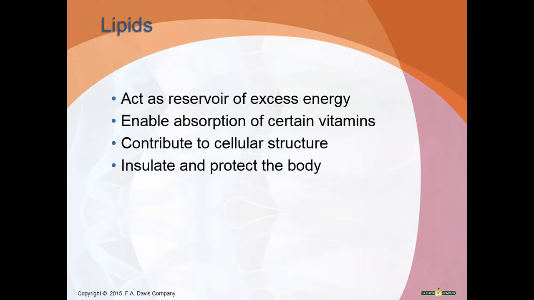Lipids act as a reservoir of excess energy. It's an ideal substance for storing energy. It's more compact than carbohydrates. It's also more energy dense. Each gram of fat contains 9 calories per gram compared to 4 calories for each gram of carbohydrate. Fats can be saturated or unsaturated. Saturated fats are derived mainly from animals.